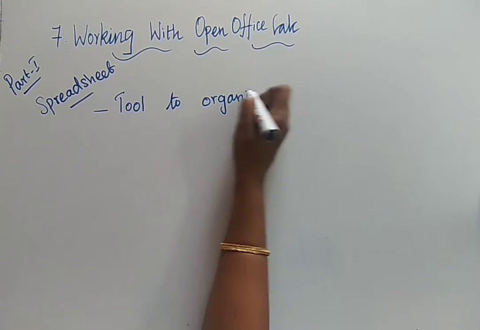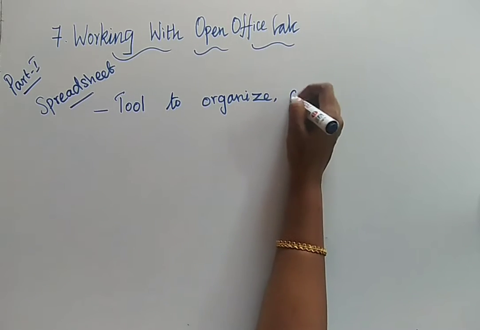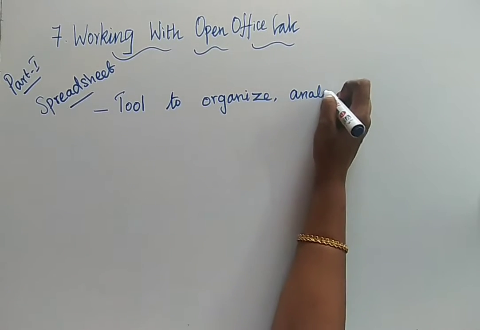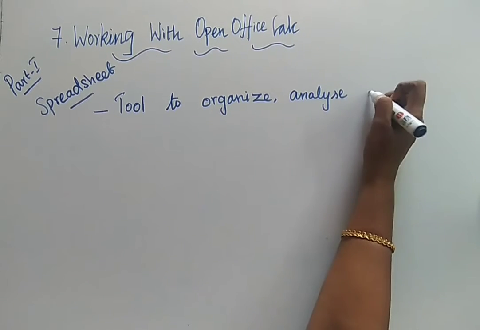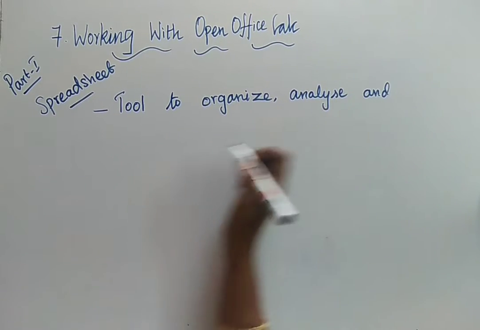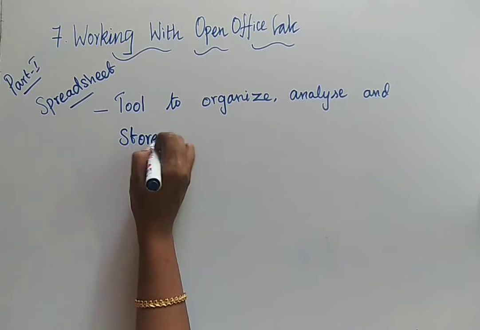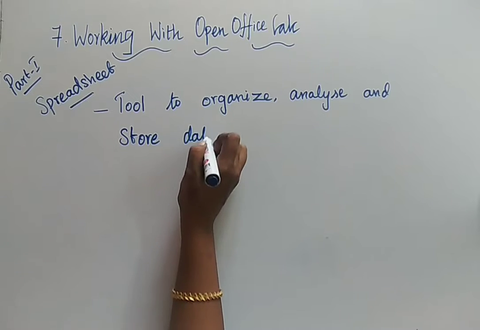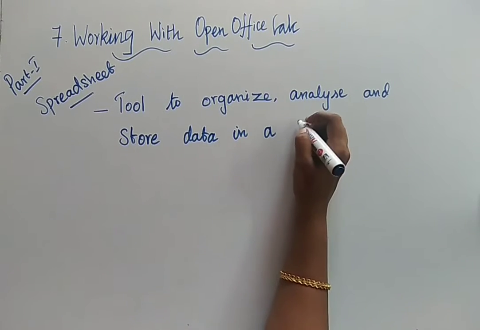Organize means, simply to say, to arrange. Then it is going to analyze. By means of that, you can easily analyze the data, and store data. Store data means all the details. Store data in a tabular form.